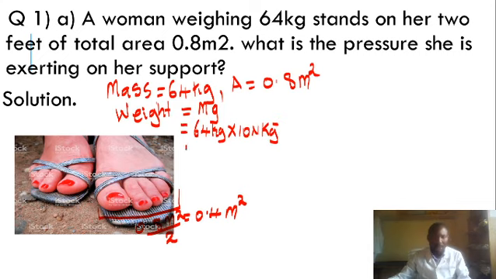So our answer here will simply be 640 newtons, because per kilogram will cancel kilogram.